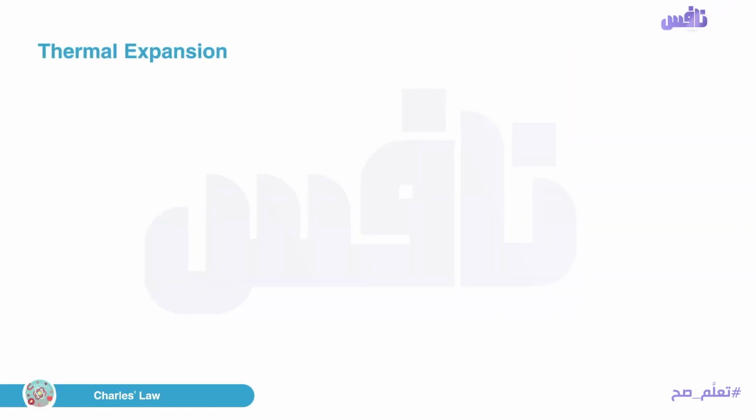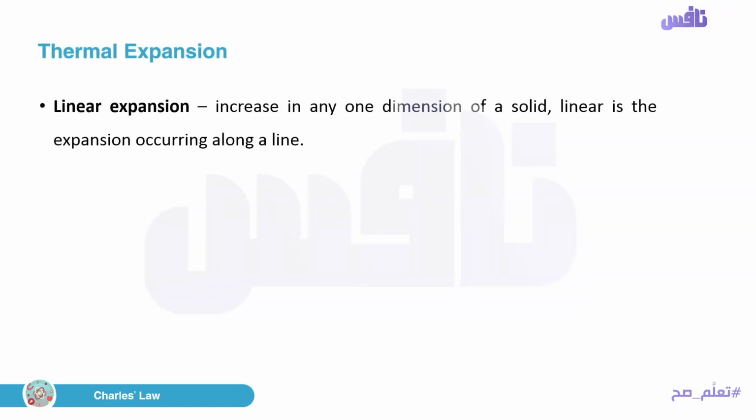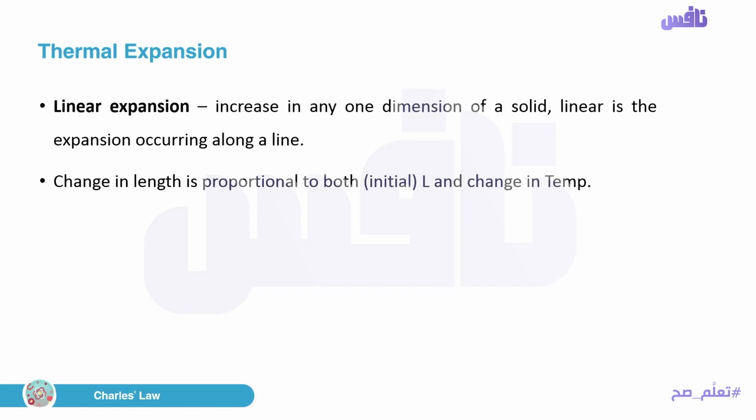So we can say that linear expansion is the increase in one dimension of a solid. Linear expansion occurs along a line, so linear. Then the change in length is proportional to both the initial length and the change in temperature.